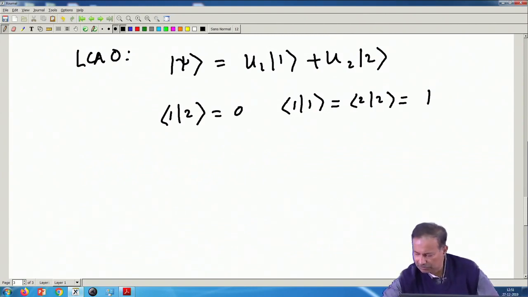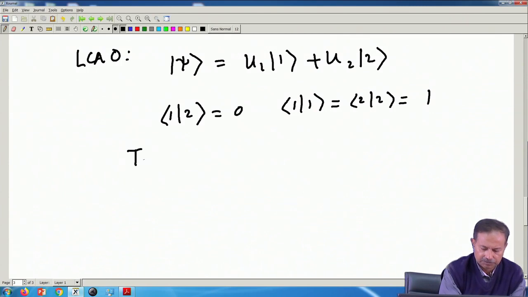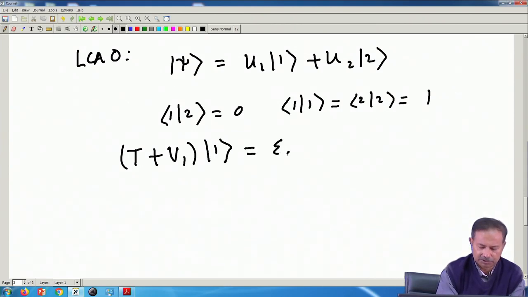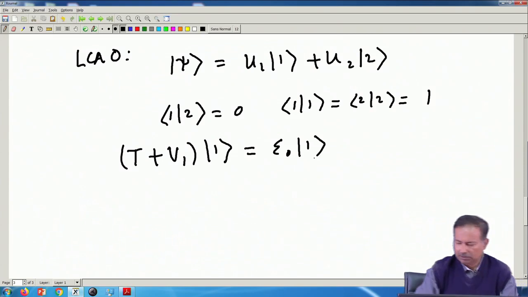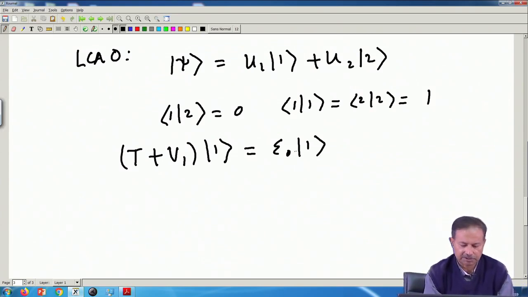Okay. So, what we do now is write down the things that we already know. T plus V1 operating on φ1 will give me ε0 φ1. Again, if we have the atomic picture, then of course this ε0 is just the energy of the 1s orbital, but it does not have to be the atomic orbital.